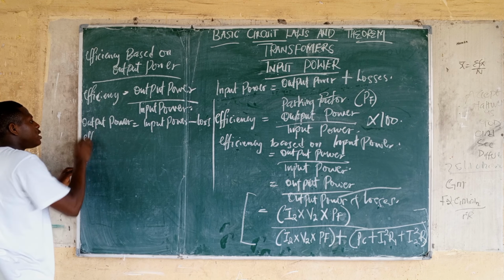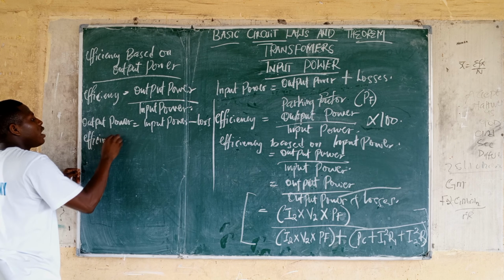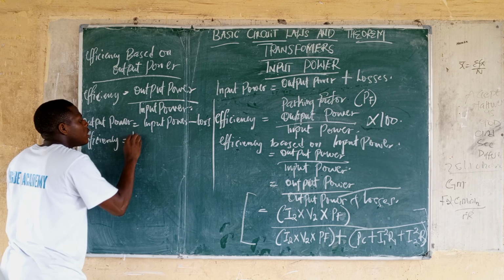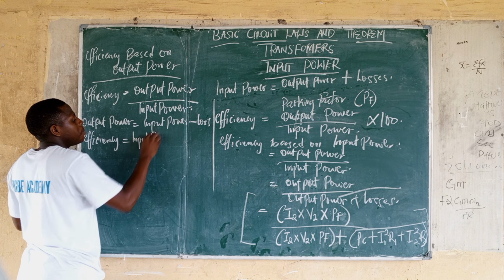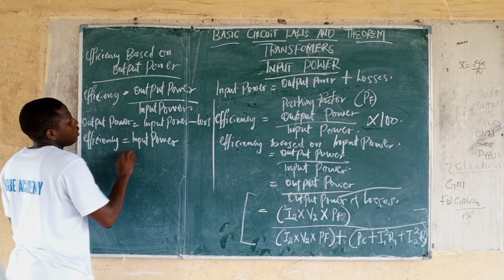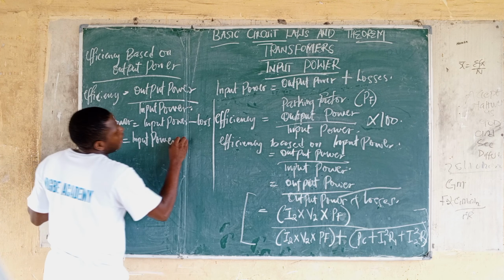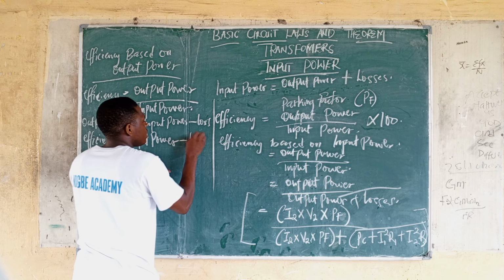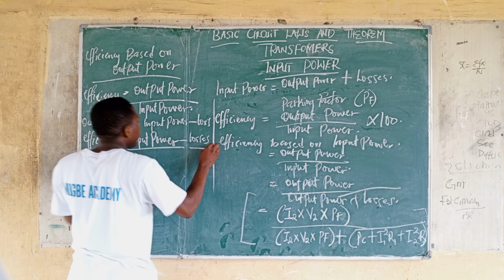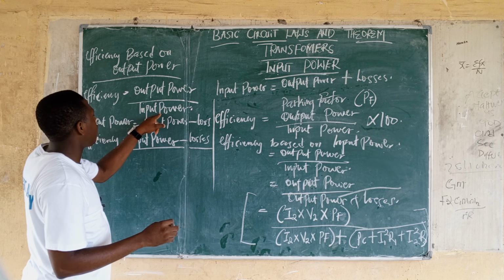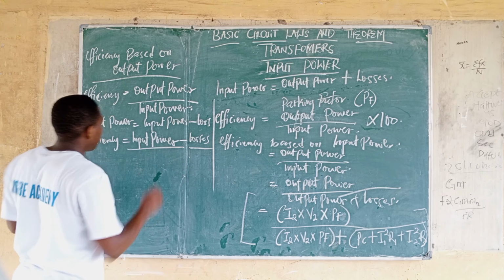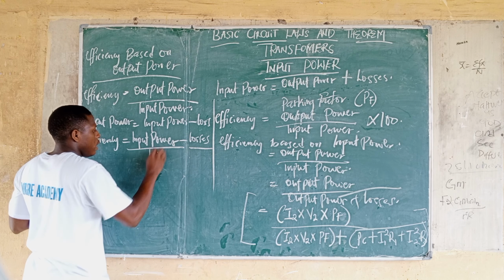So your efficiency is equal to input power minus losses, divided by input power.